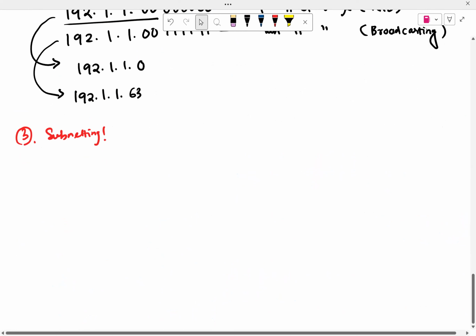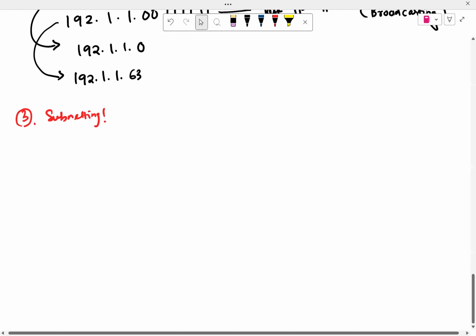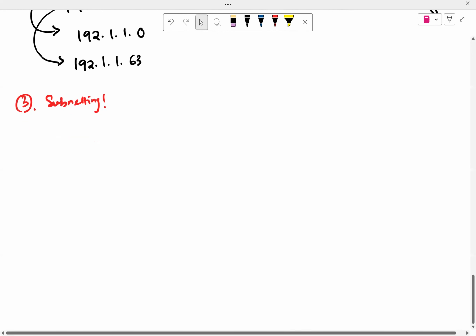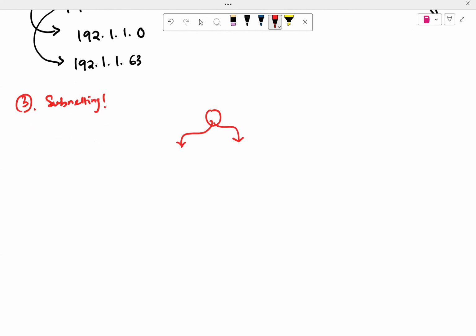When you subnet, we have a network and we divide it into two parts. When you divide it into two parts, you need to identify these two parts as well: subnet 1 and subnet 2.